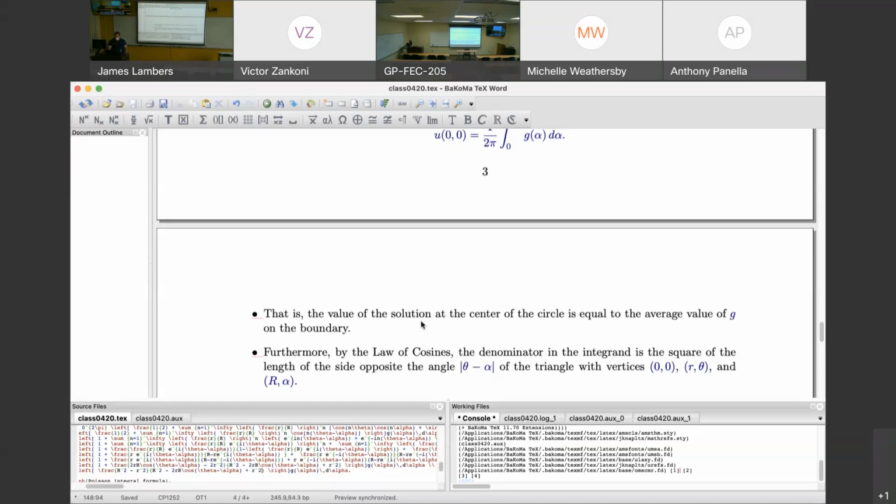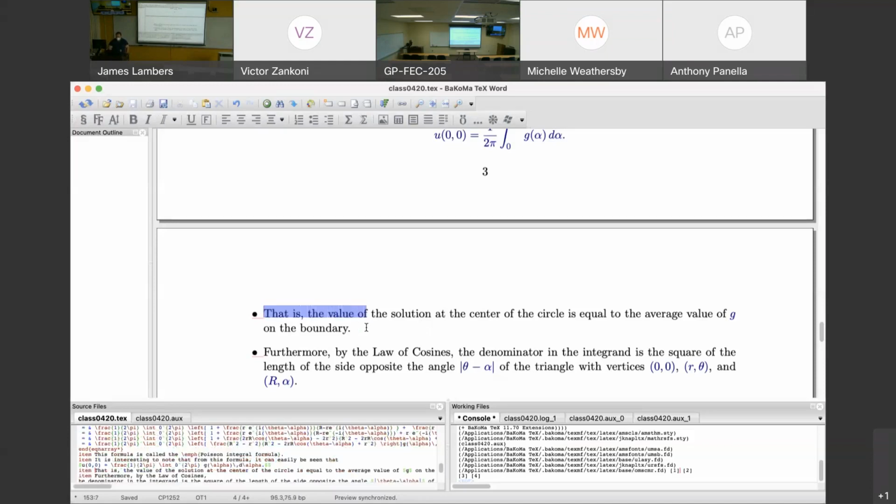So based on what I showed you last time about the relationship between the value of a function at a certain point and certain averages in terms of the Laplacian, this is what would be expected.